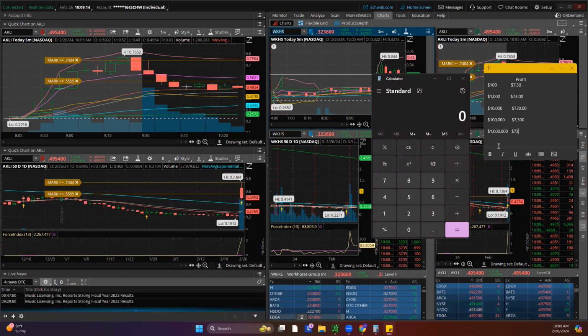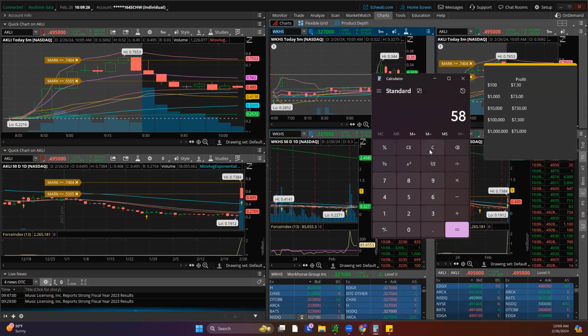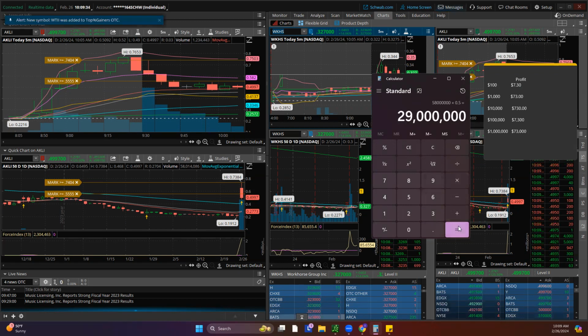But with this type of gap up, I'm not ever interested in putting that type of money into this play. But somebody did. This has done 58 million shares on the day. If you do 58 million shares times the current price, we'll just call it 50 cents, that's $29 million traded today.